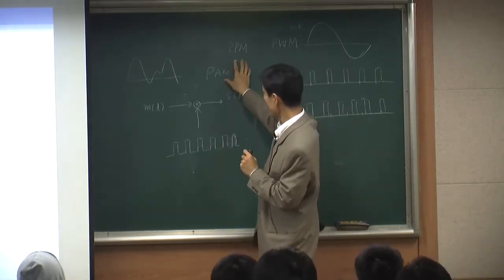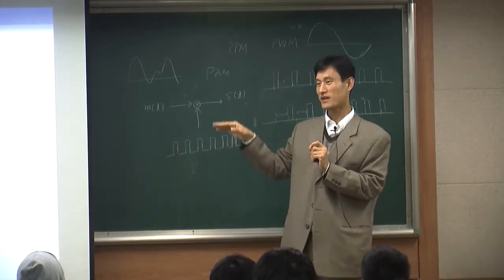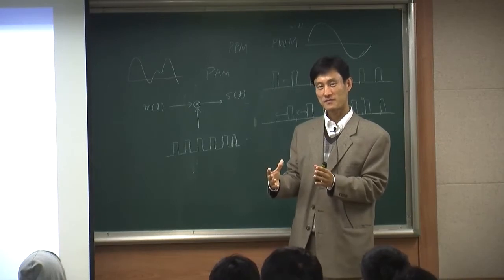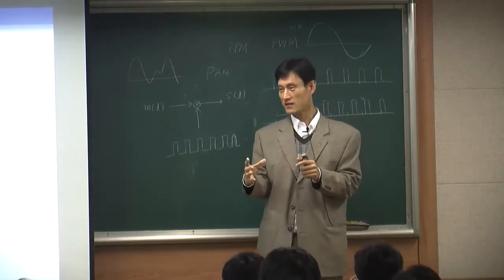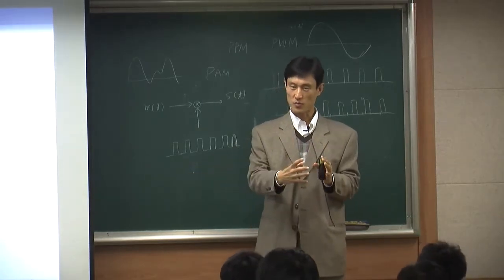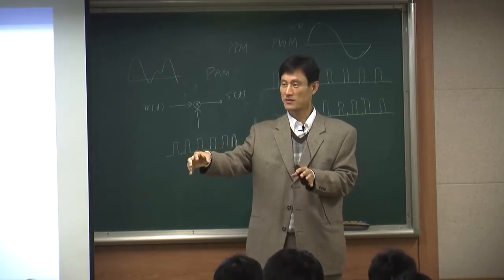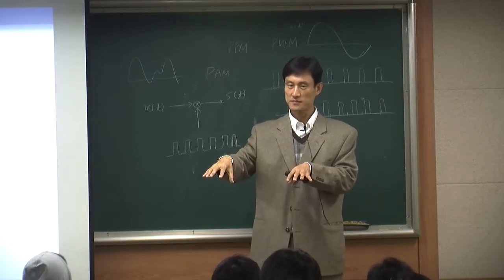But this PAM, pulse modulation, is not to transmit over the air. Then where do you use this? Circuits, on the circuit, like a PCB, right? Chip-to-chip communication. There's one chip, a microprocessor. There's another chip, a motor control chip, for example. So you need to do communication between these two chips.